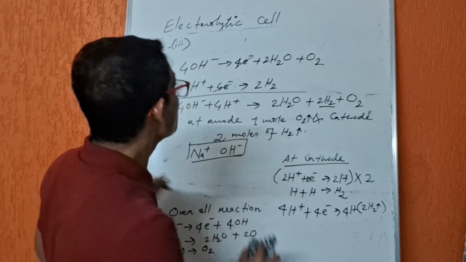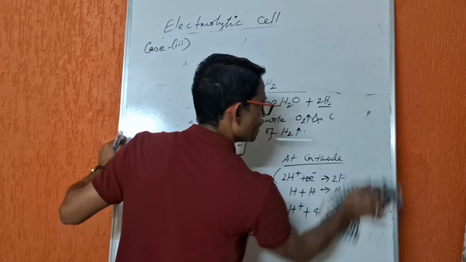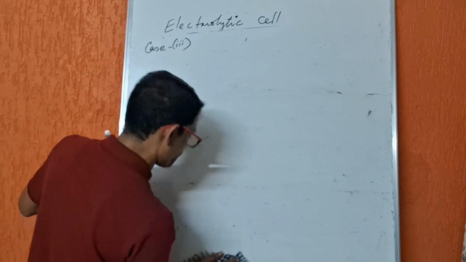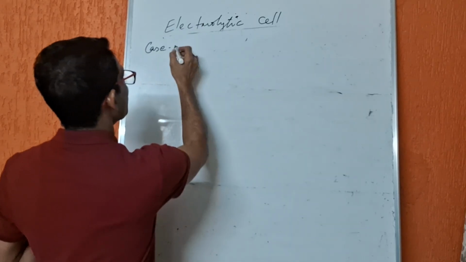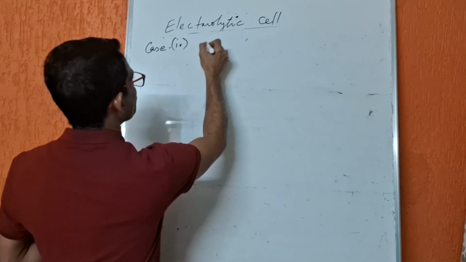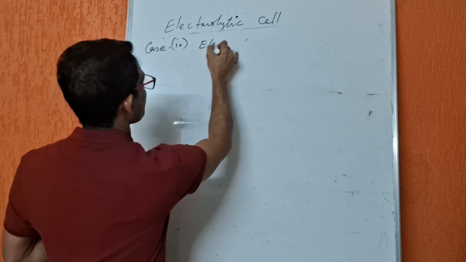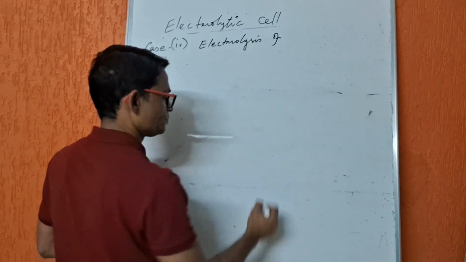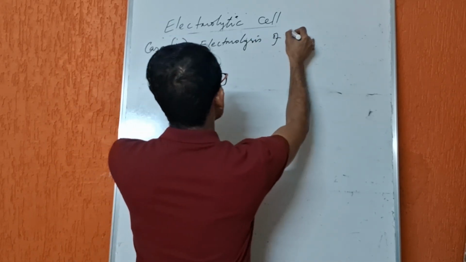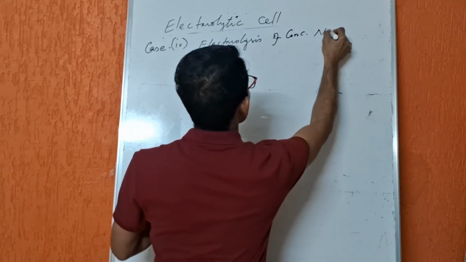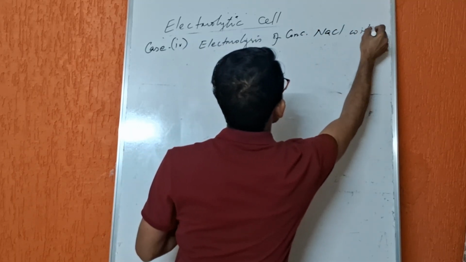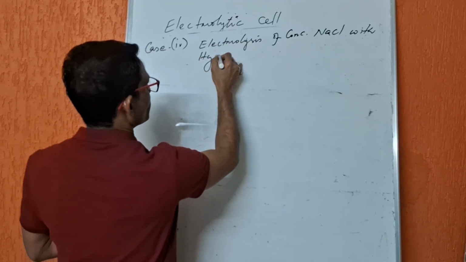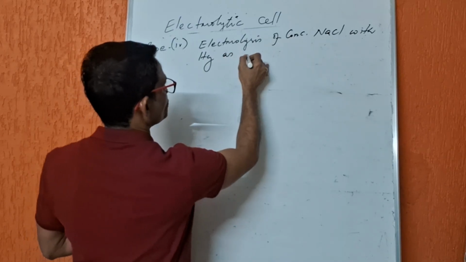Next, in the same topic, case 4: electrolysis of concentrated sodium chloride with mercury as cathode.